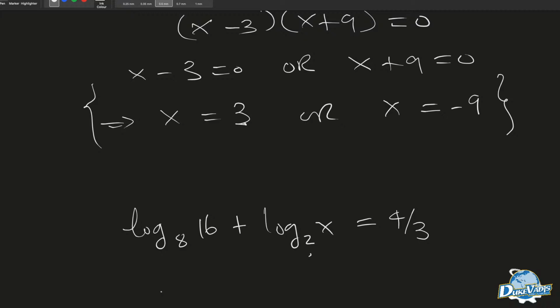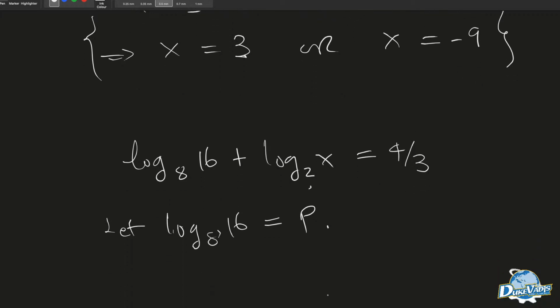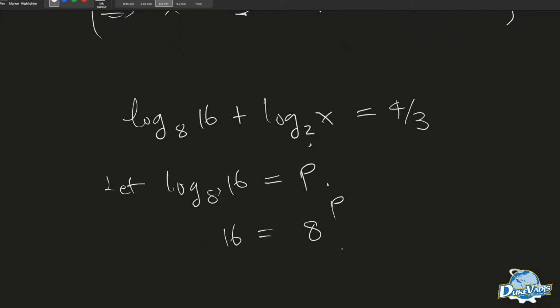But let's see, log base 8 of 16. I said let this equal p. If that is the case, then 16 is equal to 8 raised to the power p, as we saw earlier from the principles of logarithm.